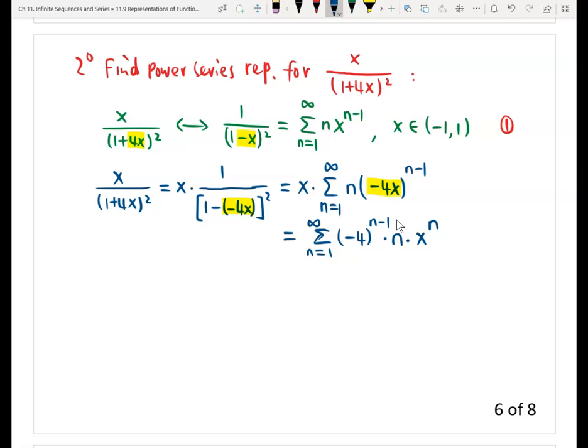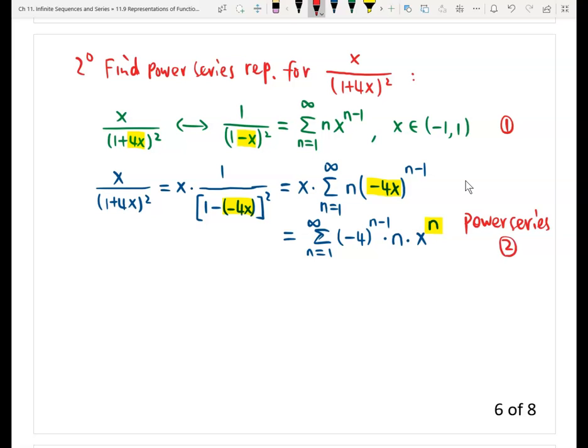Why? Because x is raised to the power n minus 1, but outside we have another x, so 1 plus n minus 1 is n. Be careful about this. Therefore, this is a power series, and it's the power series we need. Let me call it power series 2.